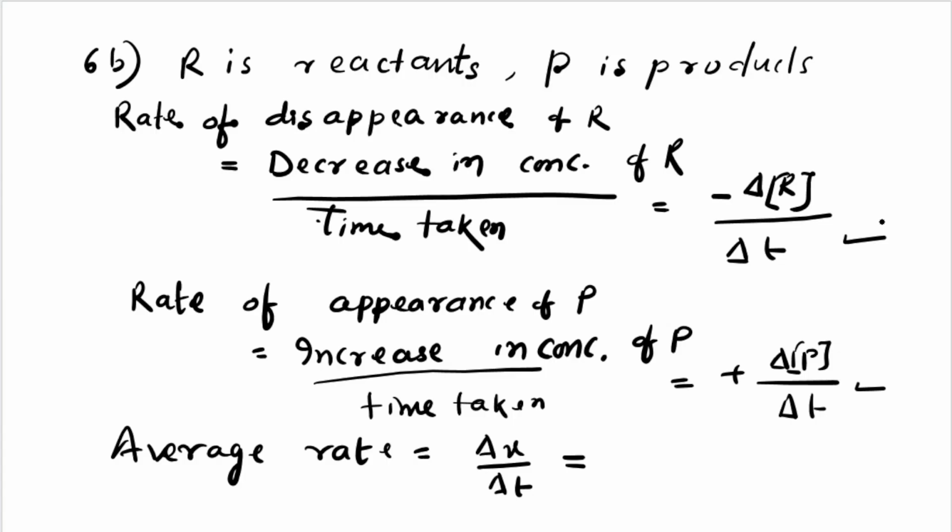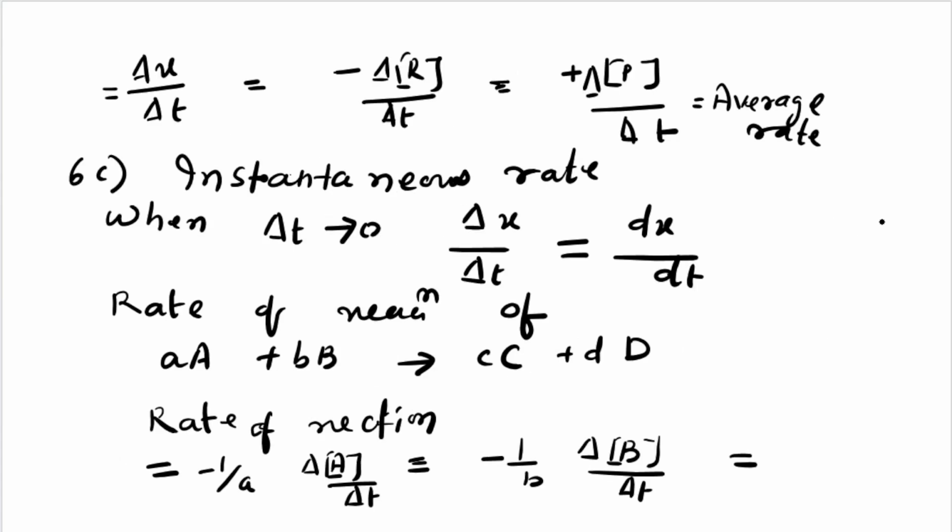This is called the average rate. What is average rate? Delta x by delta t, in terms of R or in terms of P, with a minus sign for reactant and a plus sign for product. So the average rate equals minus del R concentration by del t, or plus del P concentration by del t. Don't forget to apply minus and plus because reactant R decreases and product P increases.